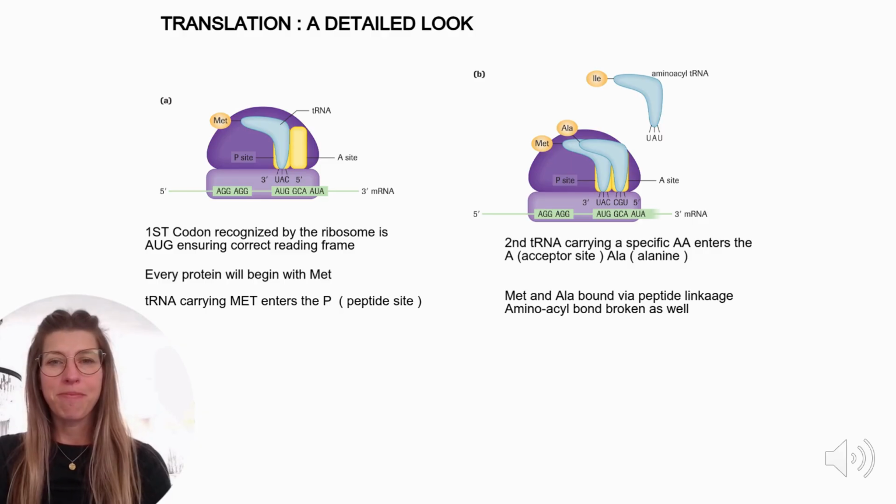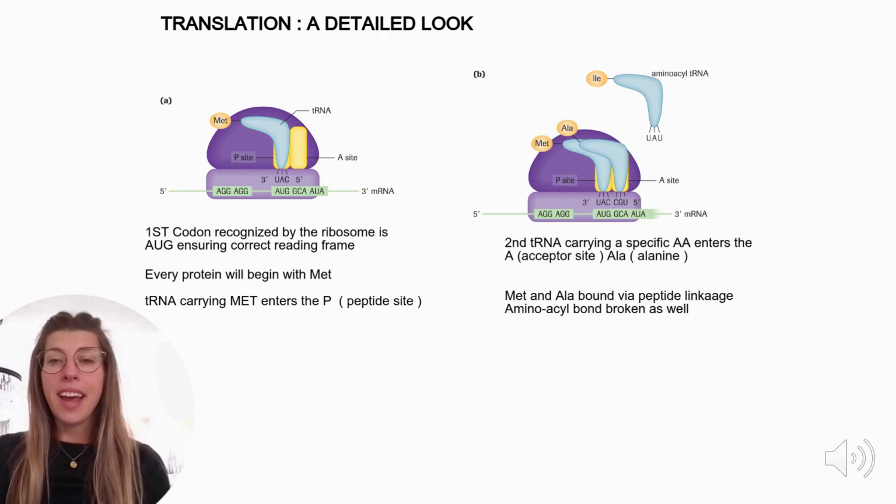So B, we can see here comes the second and the third amino acid based on the codons in the mRNA sequence. So the second tRNA carries a specific amino acid and enters the second site in this ribosomal complex, which is called the A site, which is an acceptor site, and it's bringing in alanine.